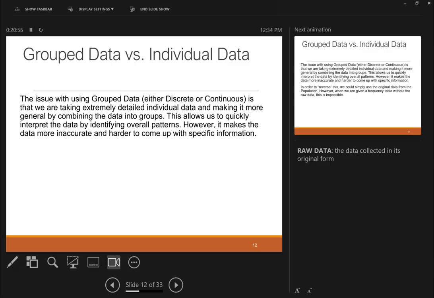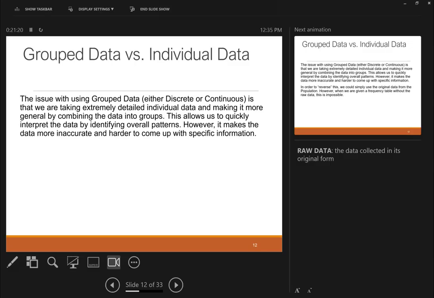If you're reading somebody's report and all they have is the group data, we've lost some individual level detail. We don't know how many tardies those 7 people actually had from 0 to 2. Did they all have 0? Were there some 1s in there? Were they all 2s? You lose that a little bit.